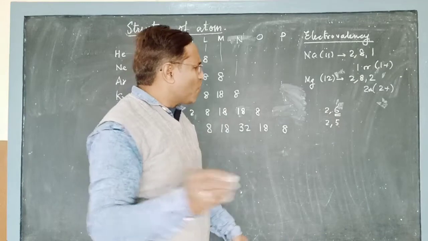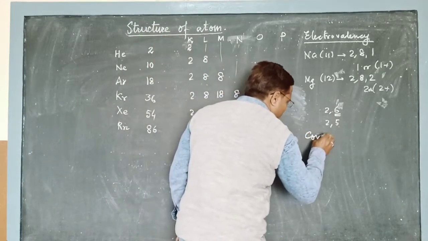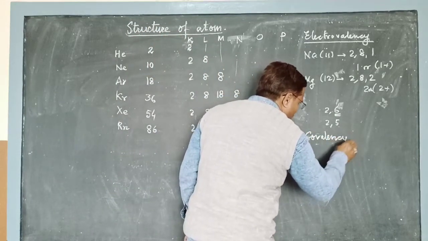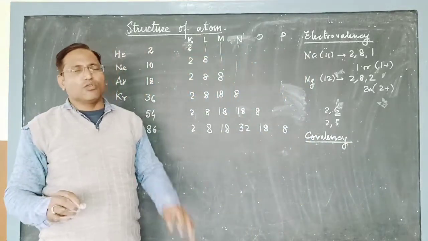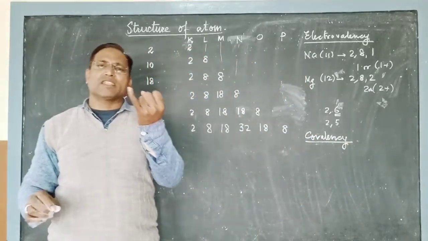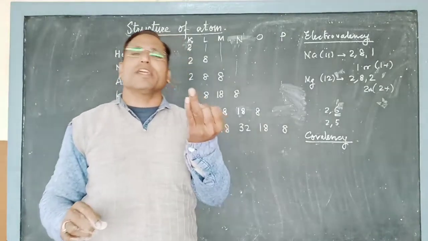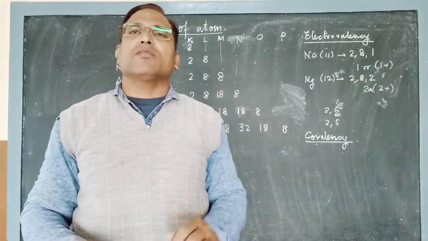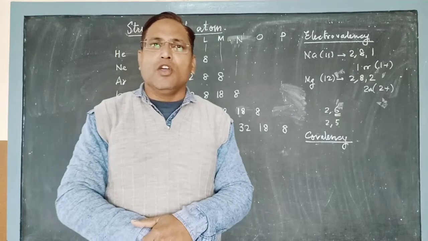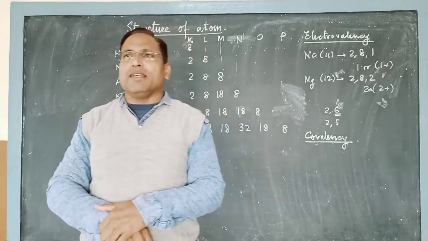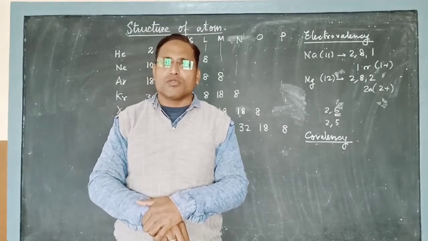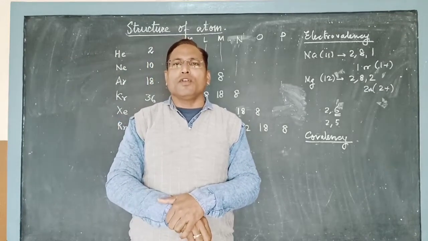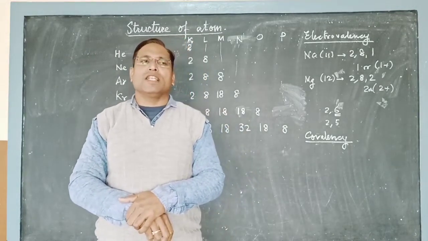Next is our covalency. What is covalency? I told you 3 ways: either they will accept or they will donate, and the third one is about sharing. So when atoms of the same element or atoms of different elements share electrons, then such a type of valency is known as covalency.